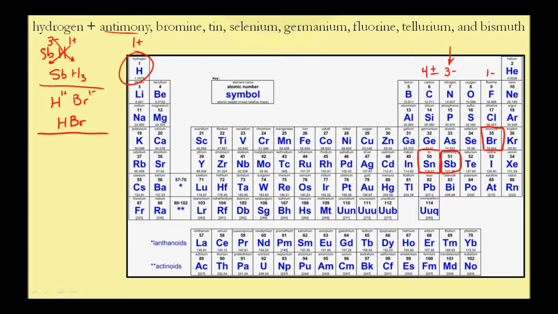However, in terms of this problem, while not the best approach, we can look at it as a 4- because of the hydrogen taking on the +1. So Sn 4-, H 1+. So we get SnH4.